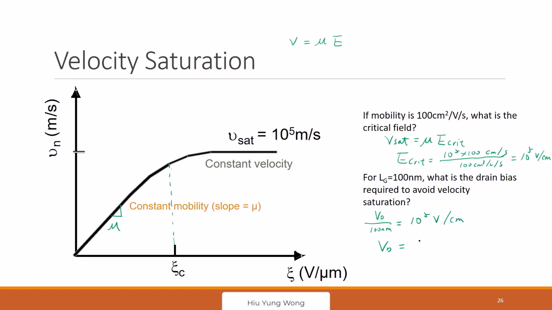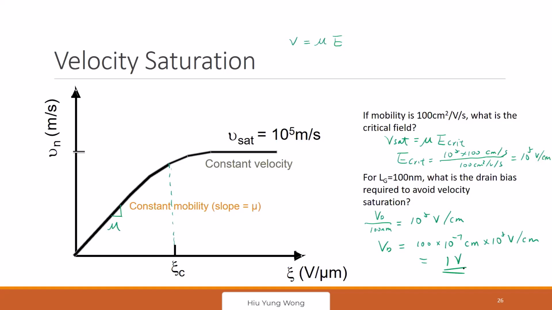If you do some math, 100 nanometer, I told you last time, is 10 to the power minus 9 meter, which is 10 to the power minus 7 centimeter, times 10 to the power 5 volt per cm. What is this? 1 volt. So when you reach 100 nanometer, you go into the velocity saturation regime already.